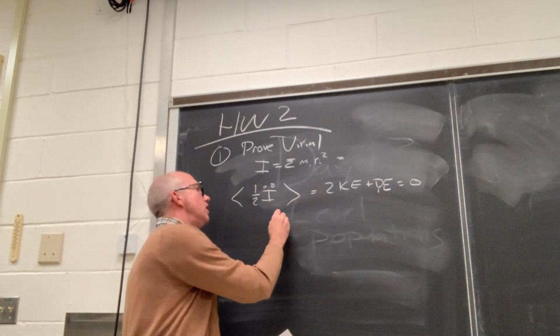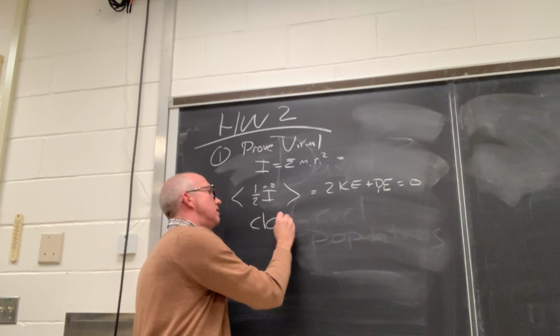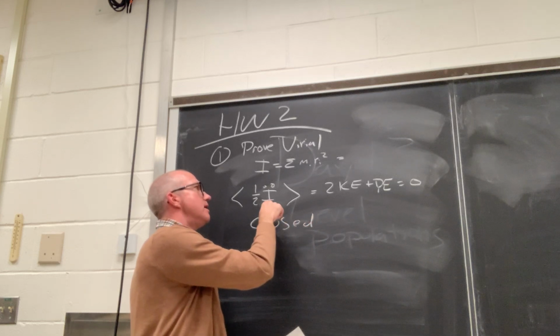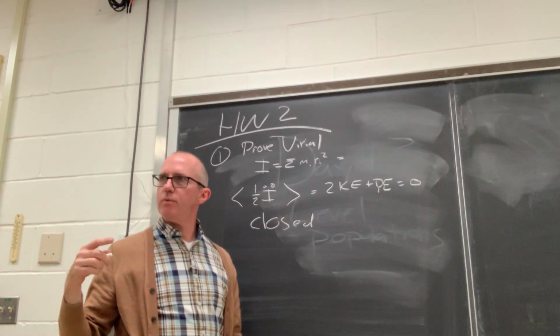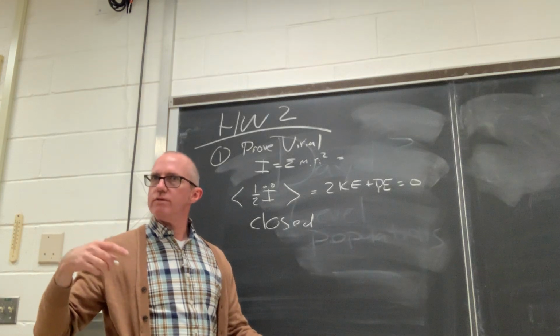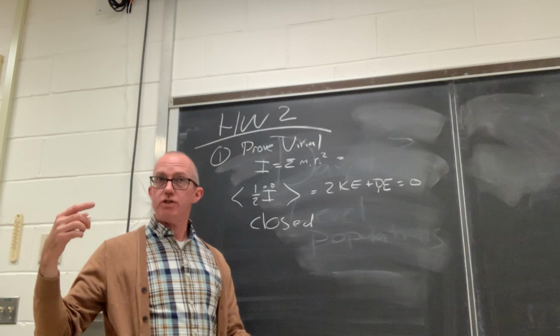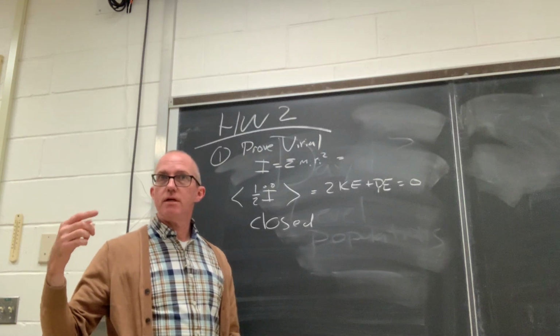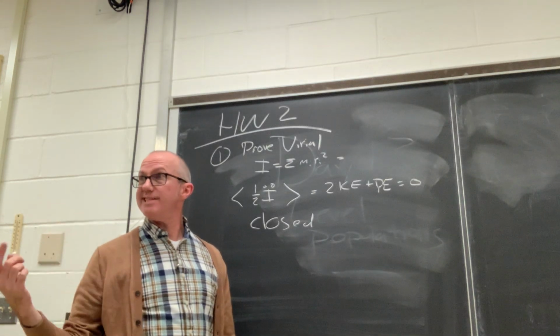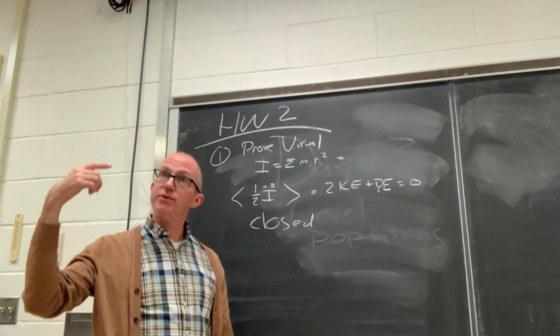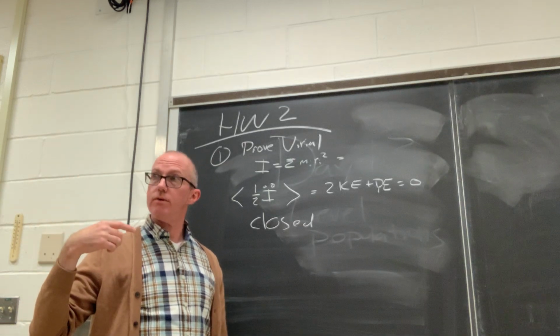Well, if the orbit is closed, that means that when I integrate I double dot, I'm left with the integral of a full derivative evaluated at the endpoints, which is just the fundamental theorem of calculus. And if the endpoints are the same point, then I get 0. So integrating a full derivative around a circle gives you 0.